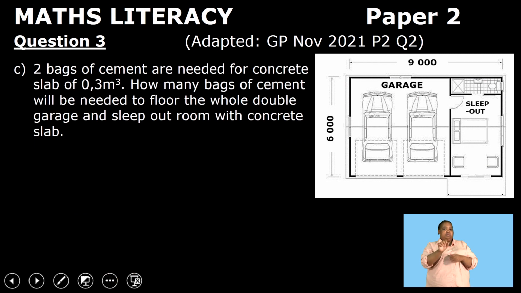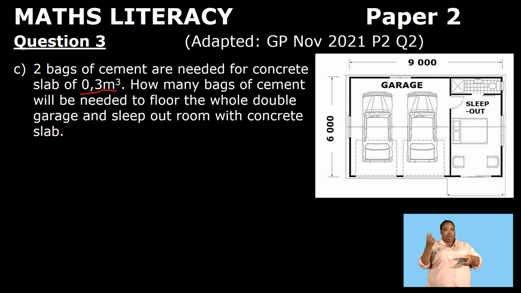Last question. 2 bags of cement are needed for a concrete slab of 0.3 meters cubed. How many bags of cement will be needed to floor the whole double garage and sleep-out room with concrete slabs? So they want to know how many bags.